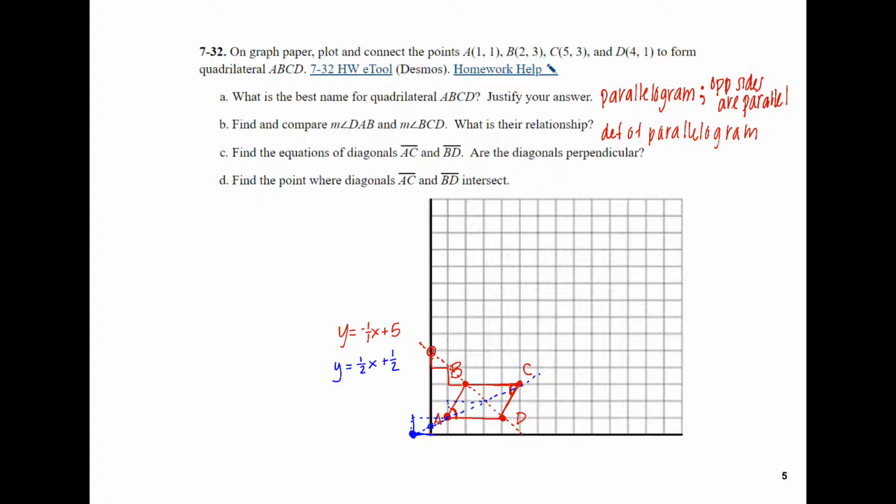When it asks, are the diagonals perpendicular? Well, in order for lines to be perpendicular, they have to have opposite reciprocal slopes. So we are going to say not perpendicular. And remember, you can draw this little symbol to mean that, because the slopes are not opposite reciprocals.